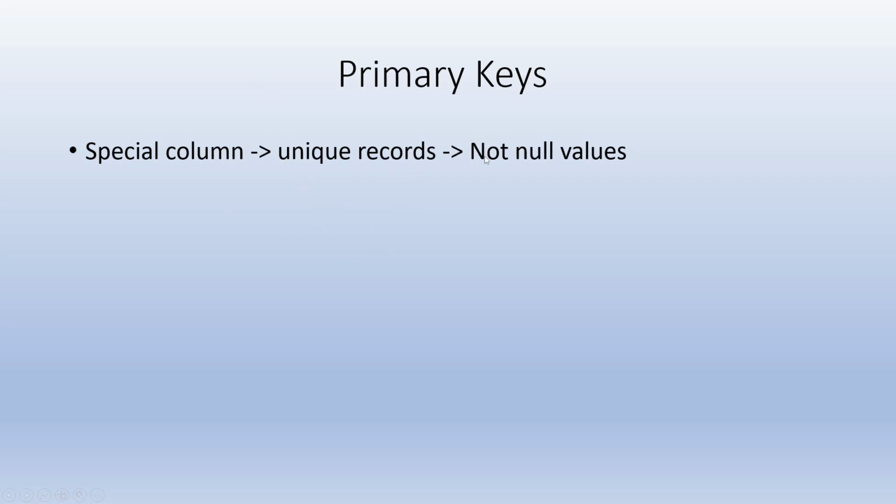And it cannot contain null values. We cannot put a null value. Null basically means nothing. It needs to be populated. It needs to have a value. And this special column, which will have a value, identifies each record in a table. It's like a mapping.